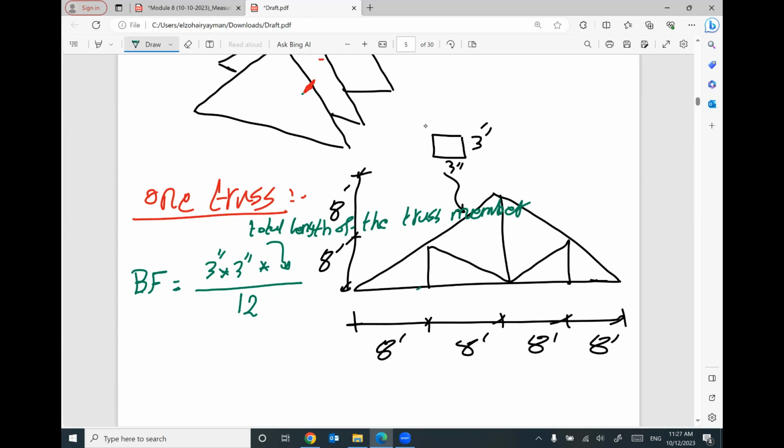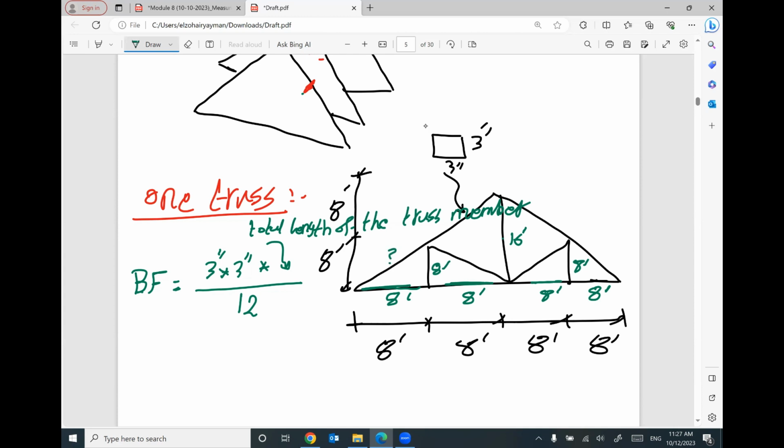What is the length of this member? 8 feet. What is the length of this member? 8 feet. What is the length of this member? 8 feet. What is the length of this member? 8 feet. What is the length of this member? 16 feet. What is the length of this member? 8 feet. What is the length of this member? 8 feet.